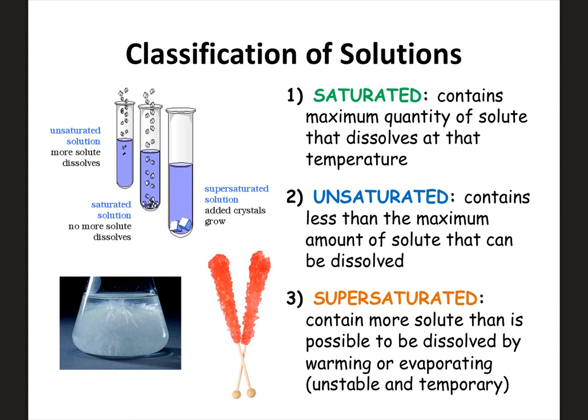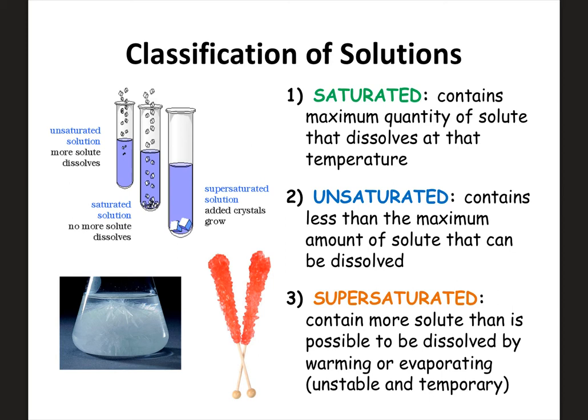And usually you do this by maybe warming it up and then more of the solute dissolves and you go past the saturated point. But it's usually very unstable and temporary. Sometimes even the slightest disturbance can cause a rapid precipitation and a rapid crystallization. So if you had a supersaturated solution, sometimes even a speck of dust hitting that solution can cause it to rapidly precipitate out.